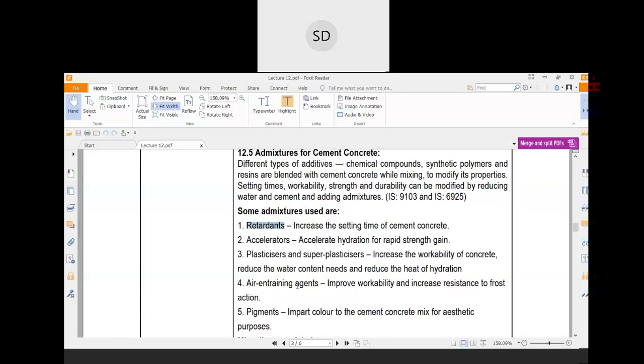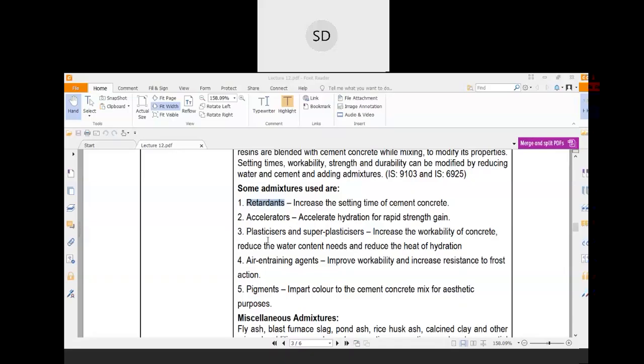If that location is at a distance of, say, 40 or 50 minutes from your site, you need to slow down the hydration procedure. You need to increase the setting time of the cement.